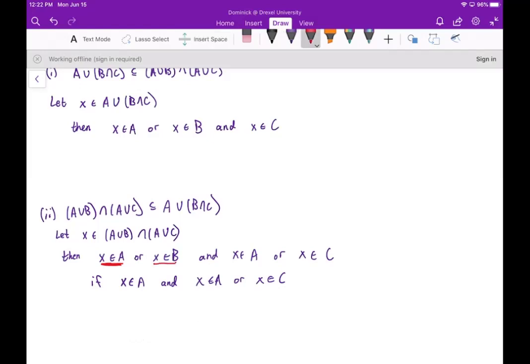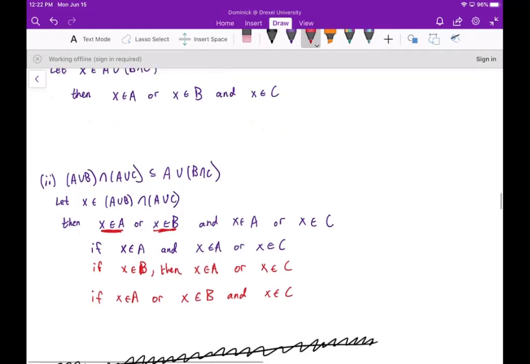Okay, now if we look at the other scenario, if X is in B, then X is in A or X is in C. So what it looks like we now have is that if X is in A, well, then X is in A. But we could also have or X is in B and X is in C. Right?